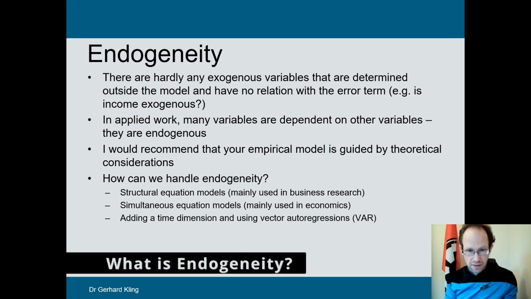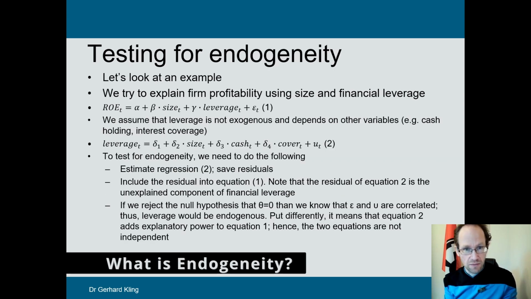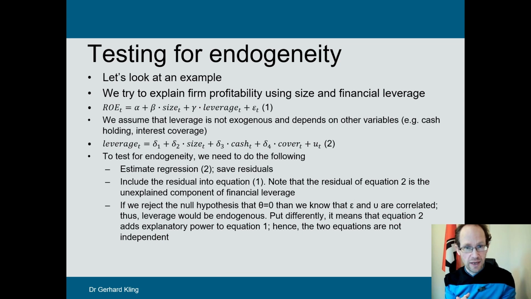What is endogeneity? When we look at a standard regression model, like in this case, where we try to explain on the left hand side the return on equity, a measure of firm profitability, using firm size and financial leverage, it is quite plausible that one or both of the independent variables might be determined by other unknown factors.